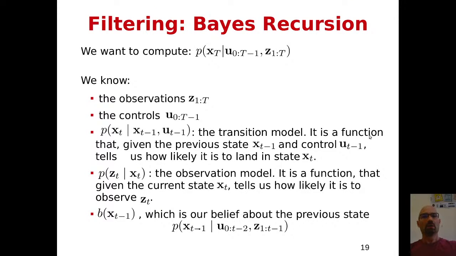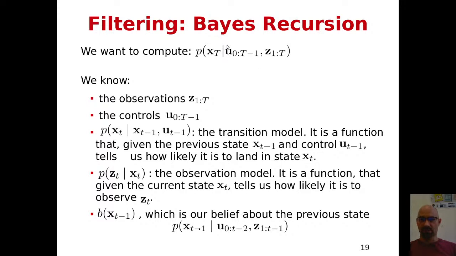Very good. So, filtering is the kind of inference in a dynamic Bayesian network, which is, I recall, a way of representing the probabilistic evolution of a dynamic discrete system. It is that particular inference that asks to determine the state distribution at time t, knowing all the previous controls and all the previous observations.